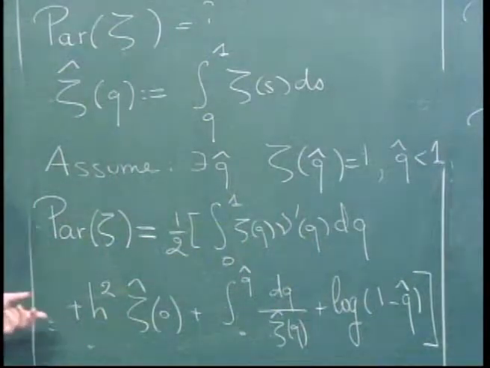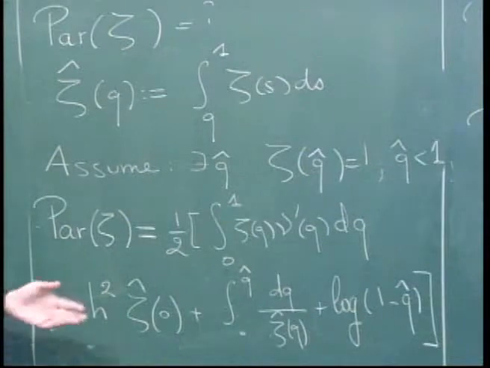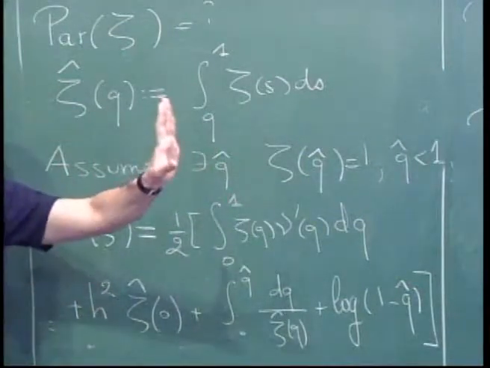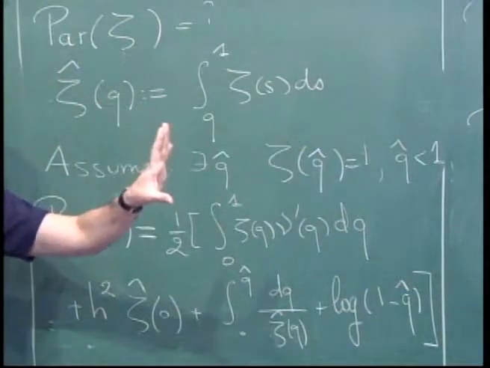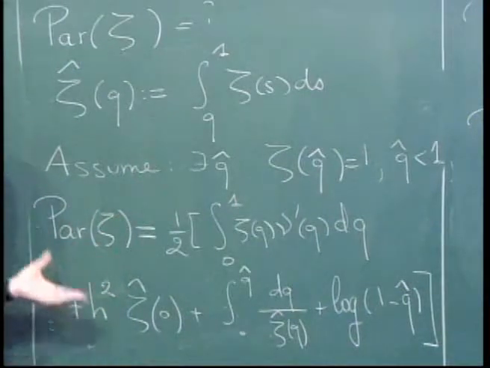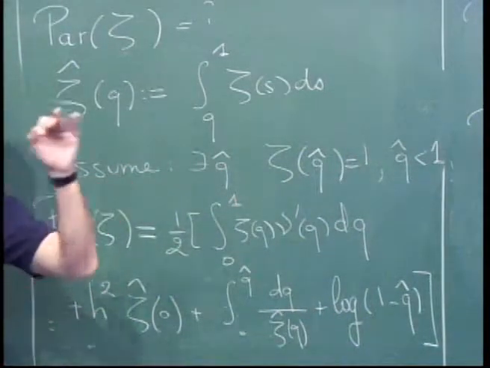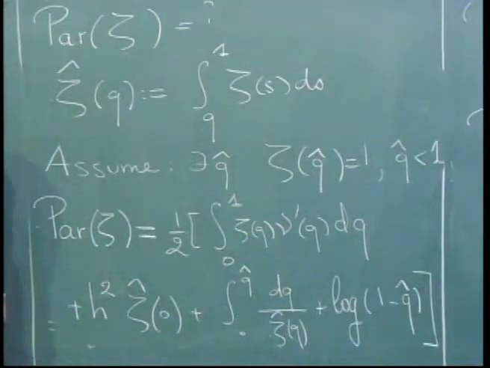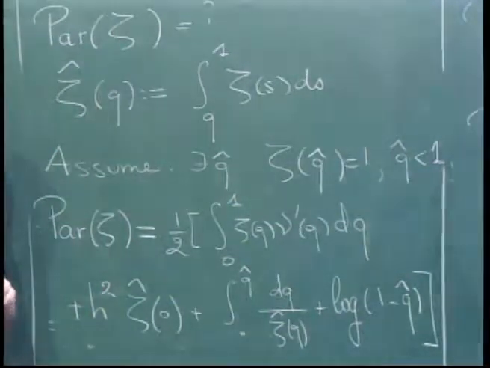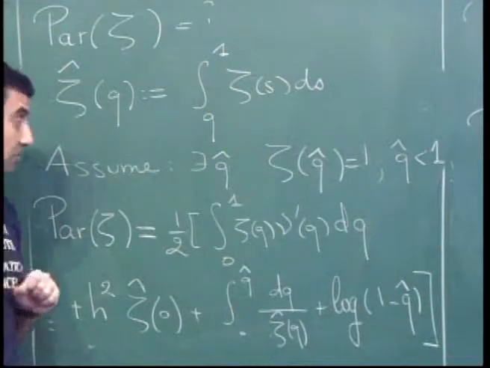So a priori, this thing could depend on the q hat, right? Because you may choose different q hats. It's easy to check that this does not depend on q hat. So you could choose q hat, for instance, to be really the top point of the support of zeta, of the measure.